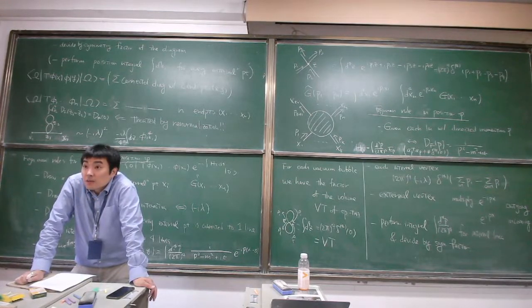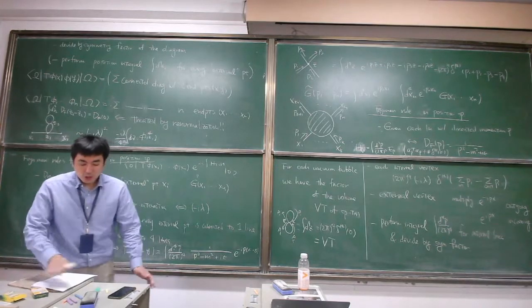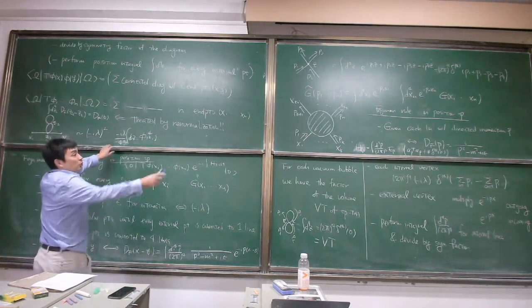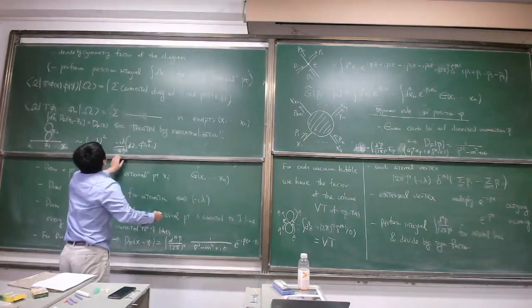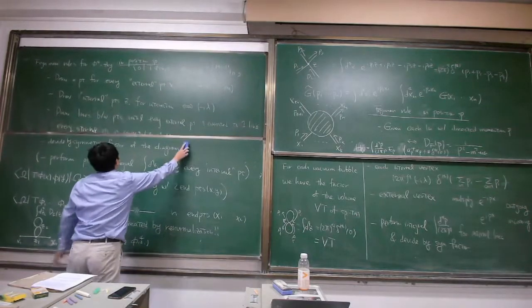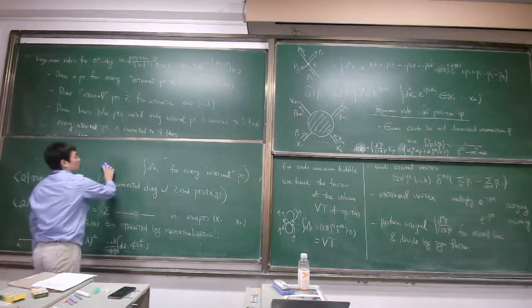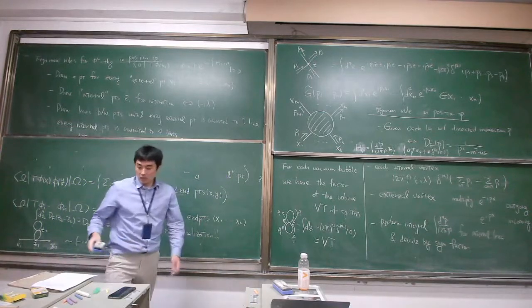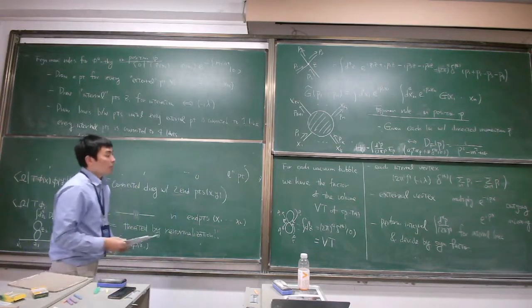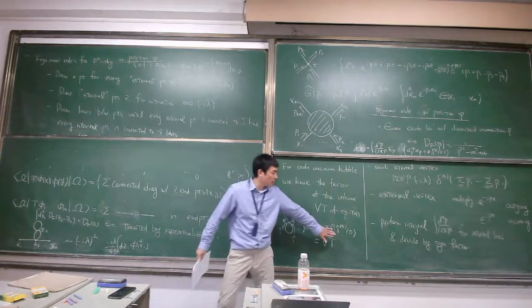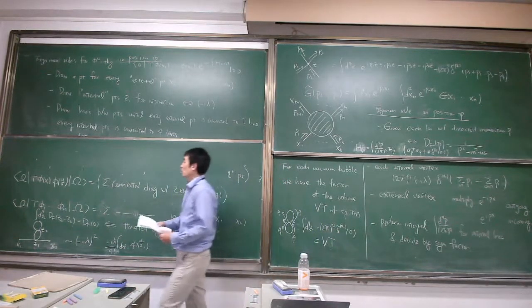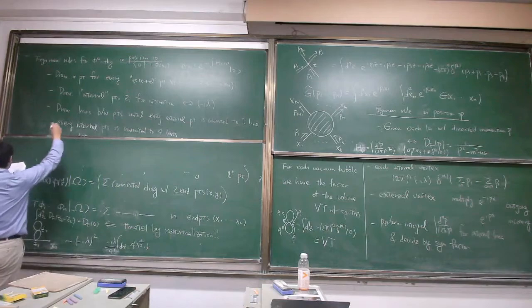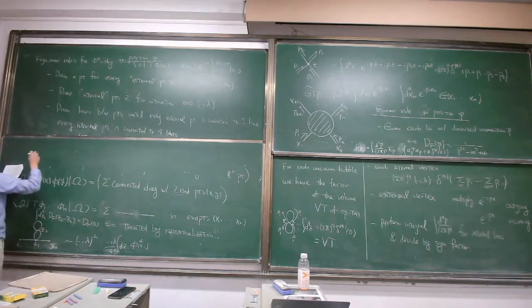I think I should stop here. There are two issues about this Feynman rule. One issue is this delta function. The other issue is the following.